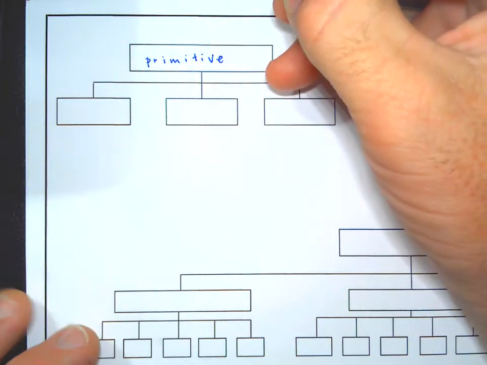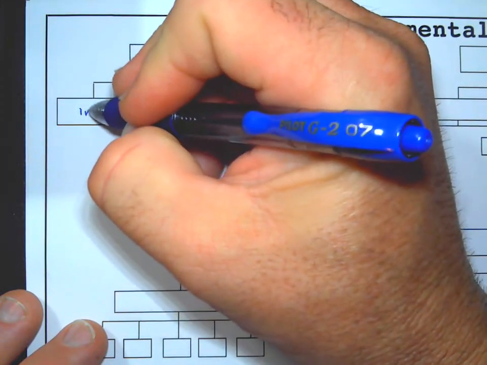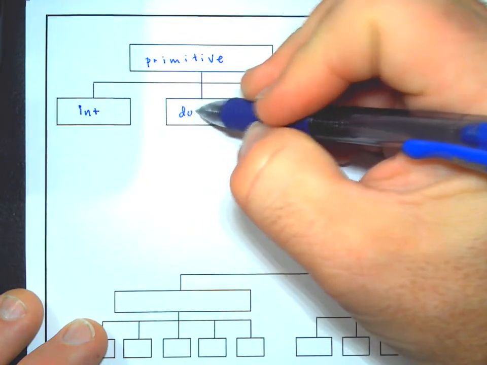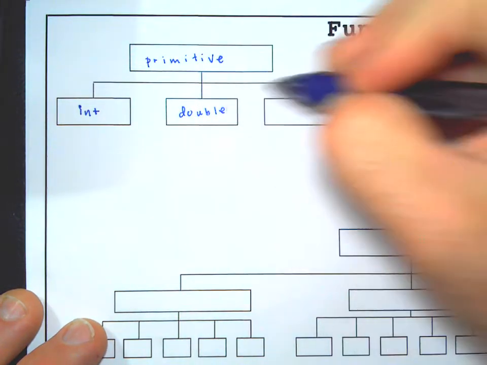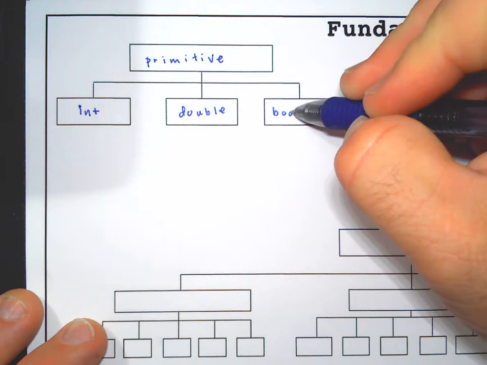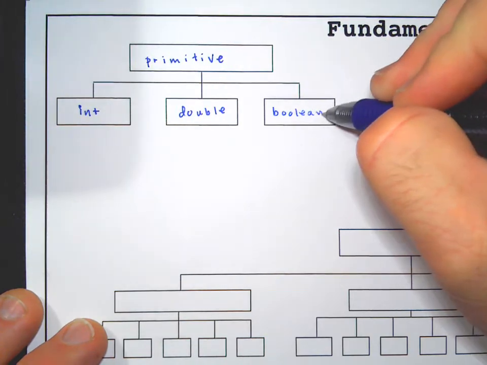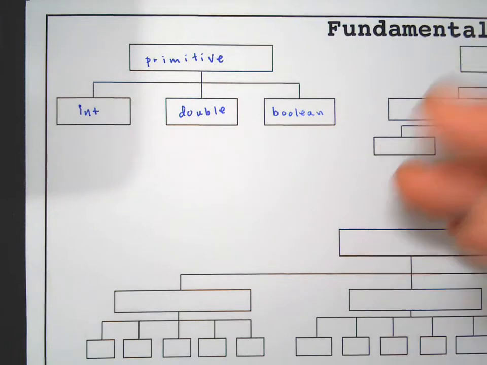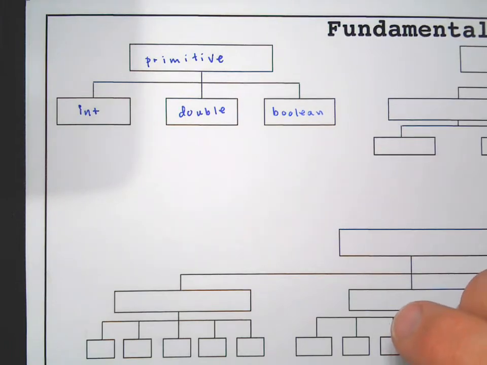And primitive would include int, double, boolean. Now, there are other primitive types, but these are the ones that we're going to make use of that you'll be expected to know for your AP test.